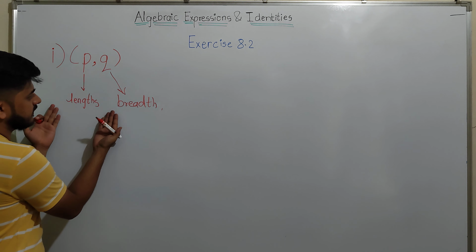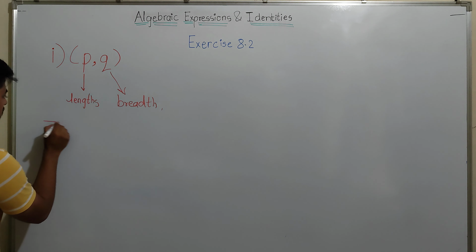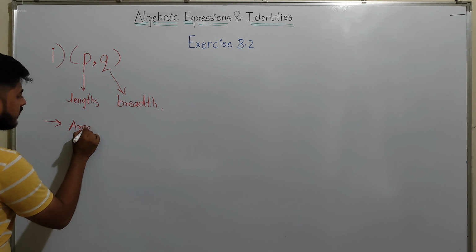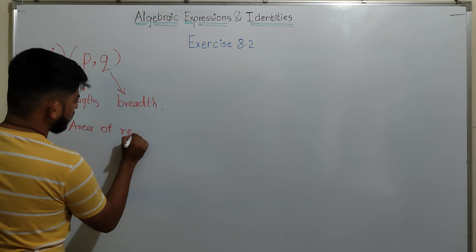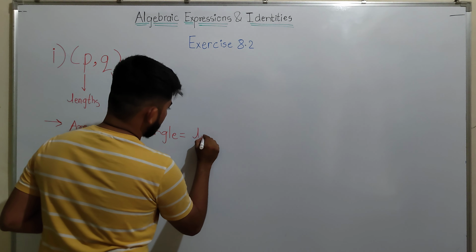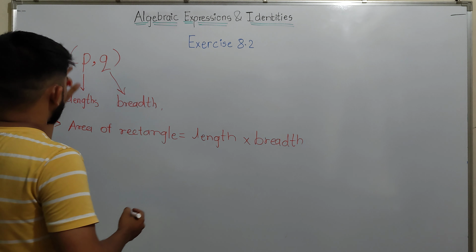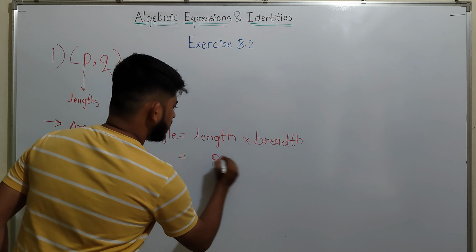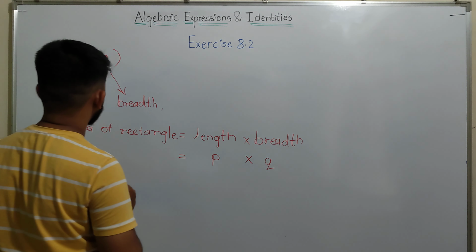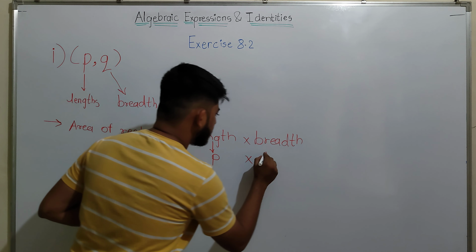Now, so first this is the question. Now see here, P is the length, Q is the breadth. So area of rectangle is equal to length into breadth. Now why have I taken the length as P and breadth as Q?